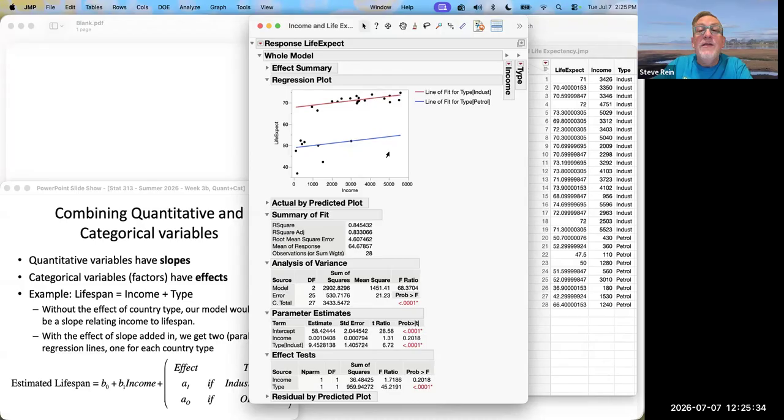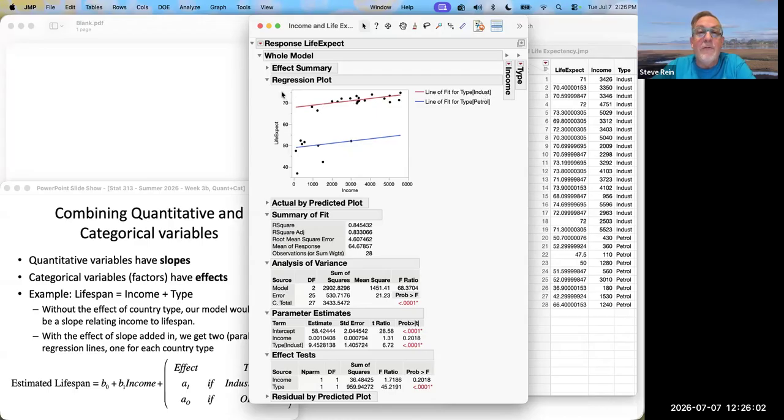And here's the interesting thing. These two trend lines happen to be parallel, and you might naturally be thinking, but what if the data is saying they're not parallel? Well, tomorrow we'll look at how we could adjust our analysis to allow for a model that isn't parallel. I'm just saying there's an effect on the intercept of it being an OPEC country, or an effect on the intercept of it being an industrialized country.